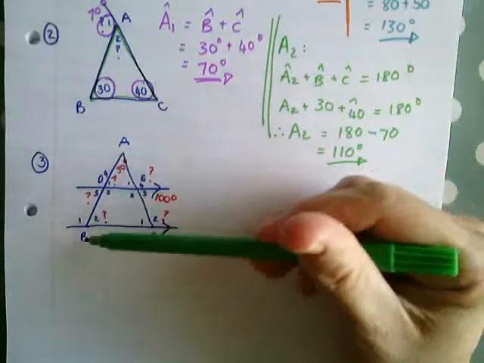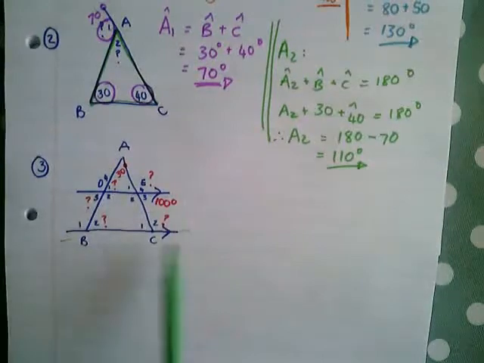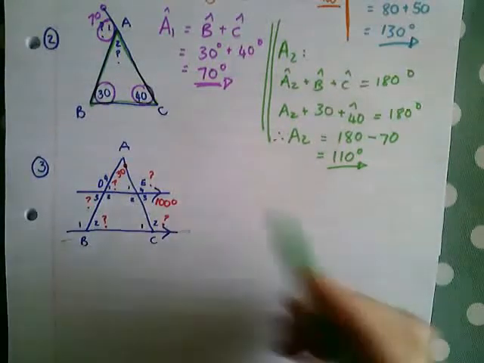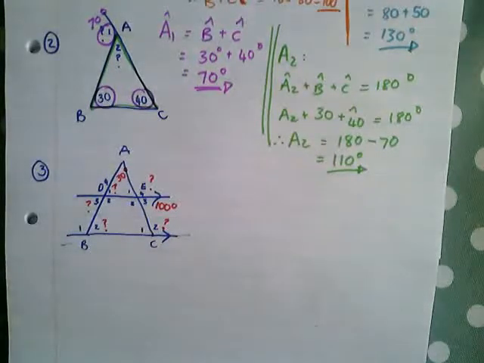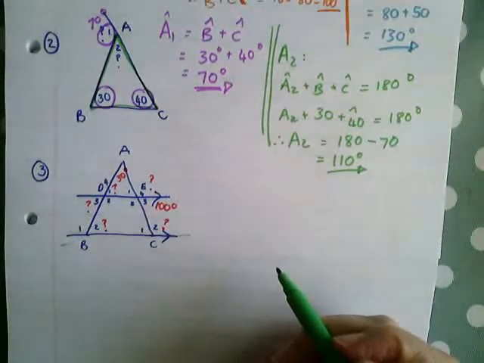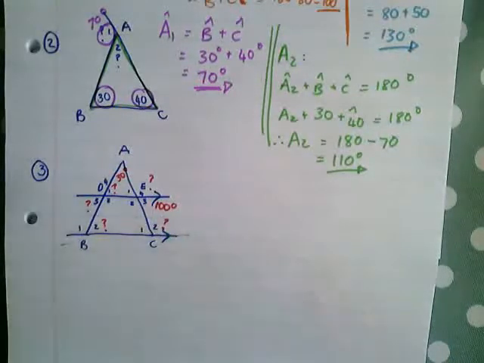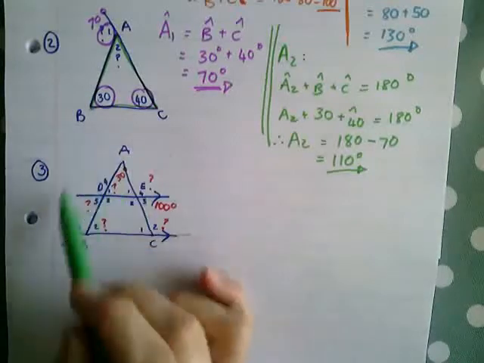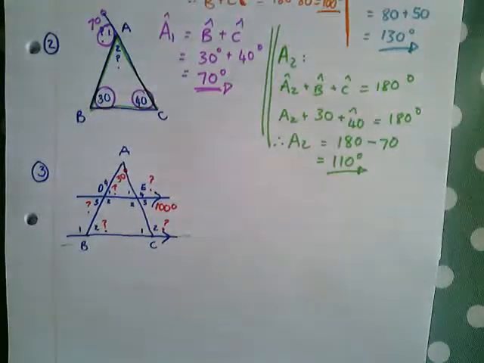Right. There's two parallel lines. DE is parallel to BC. So now this is a combination between what we know about the properties of triangles and fun X. Okay, so this is now what happened in question 4 of the previous homework. They combined the properties of triangles with the properties of parallel lines.